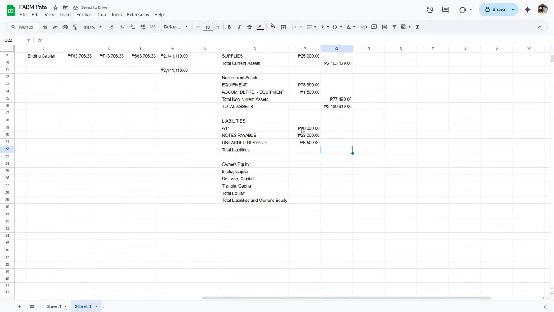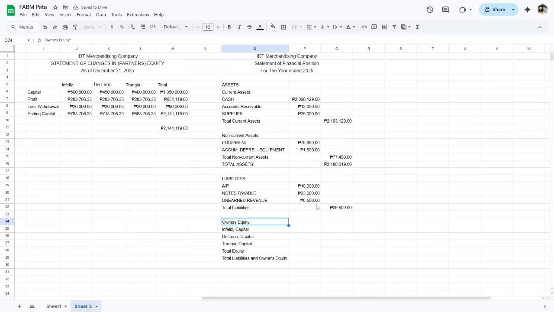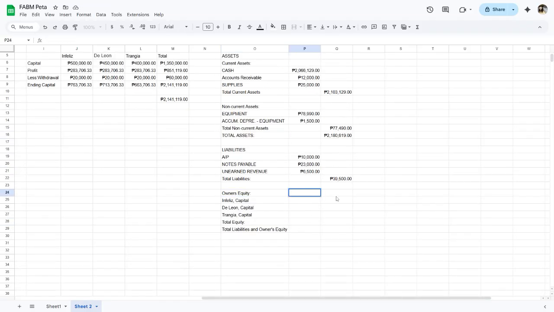Our total liabilities would be just adding all these three. And then we proceed to our owner's equity.